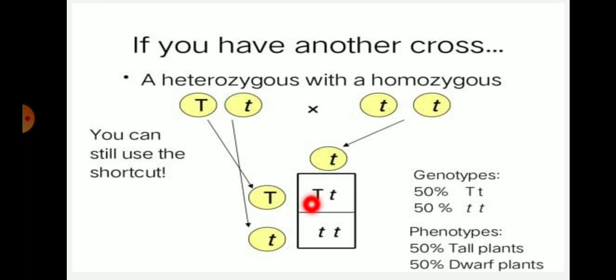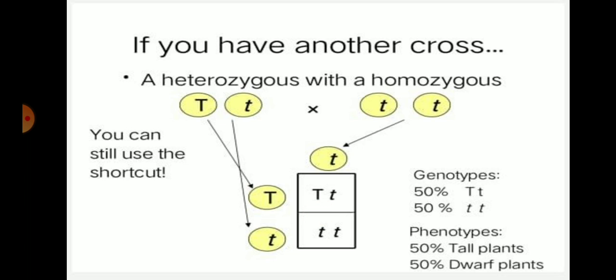We can use this shortcut for the determination of the genotype: this parent containing capital T, small t, and this parent containing both small t. So capital T, small t, capital T, small t.